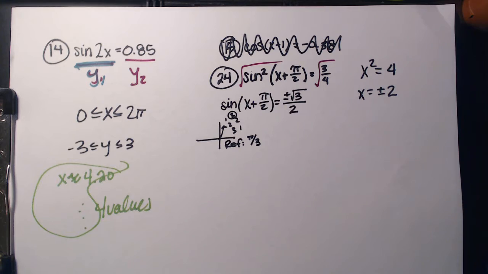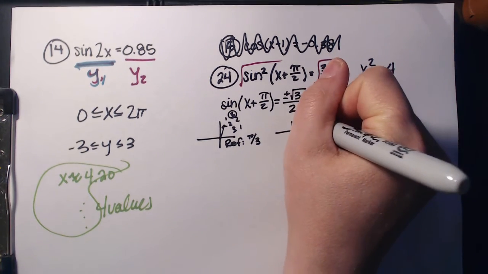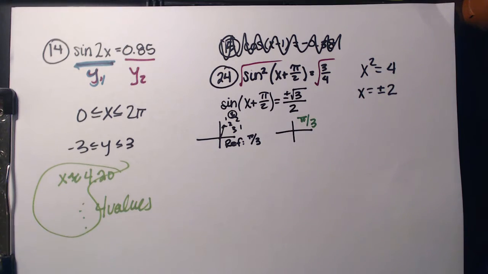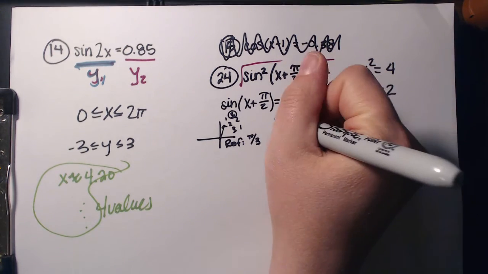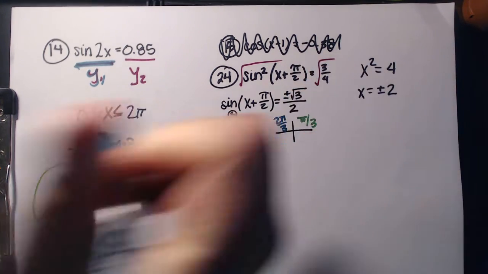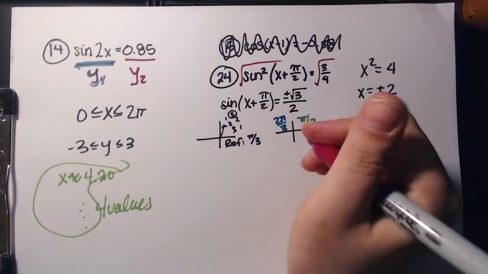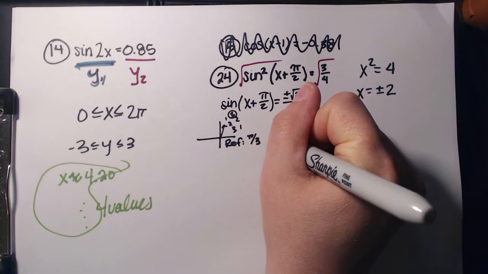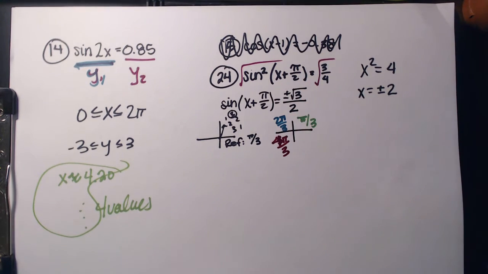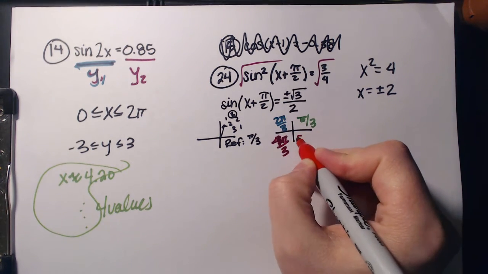So I want my pi thirds angles. In the quadrants, those pi thirds angles are going to be pi thirds, 2 pi thirds, 3 pi thirds, nope, 4 pi thirds, and 5 pi thirds.